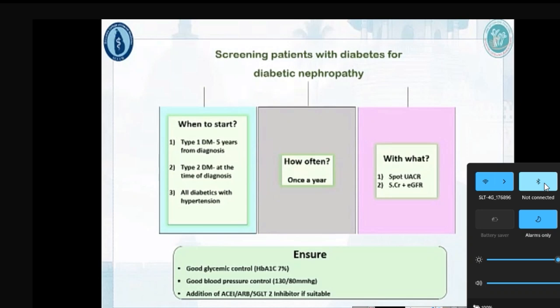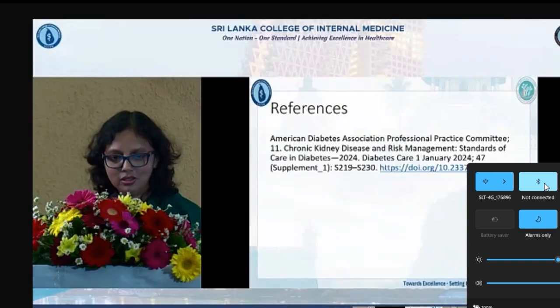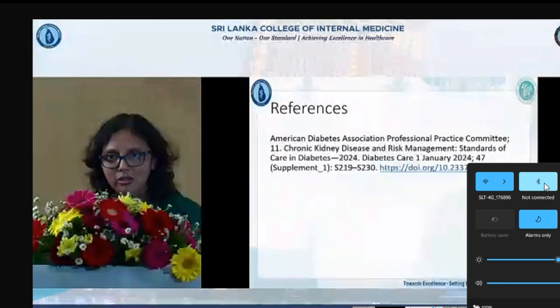And then ensure that you're taking the necessary remedial action, including good glycemic control, good blood pressure control, and is he on the right drugs to prevent this progression and for the patient to not end up with end-stage kidney disease. So this is the main reference I used for my talk, and I'll stop there.